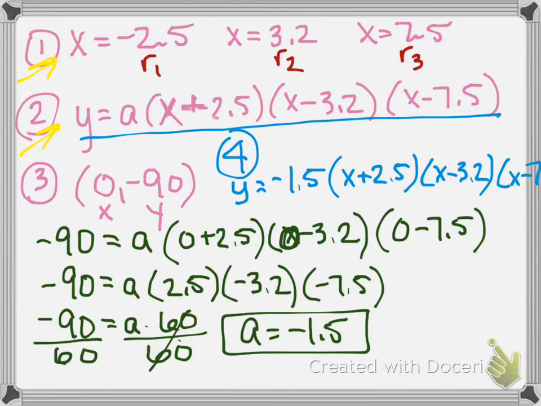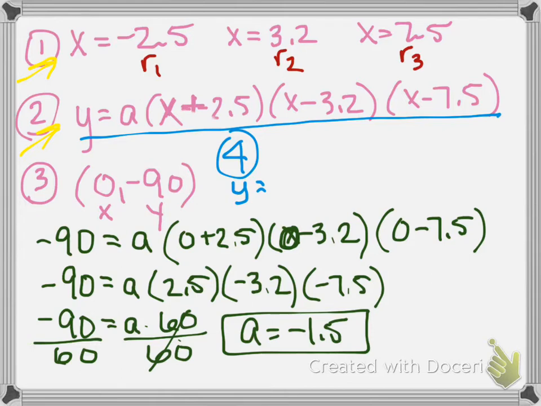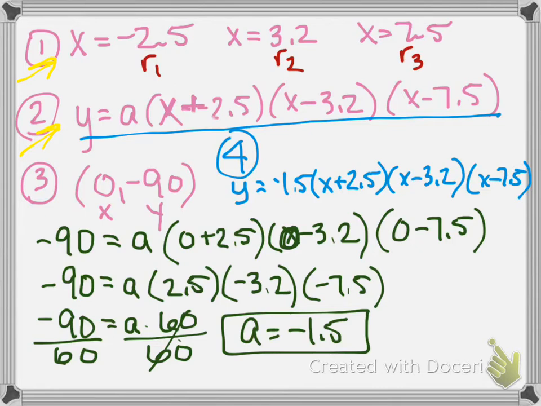See what happens when you try to squeeze things in. Let's make that prettier. Negative 1.5 times x plus 2.5, x minus 3.2, and x minus 7.5. There we go. That fits. So this would be the final answer for that function.